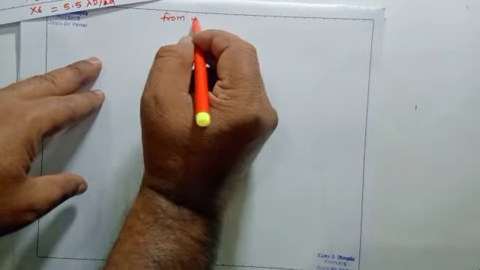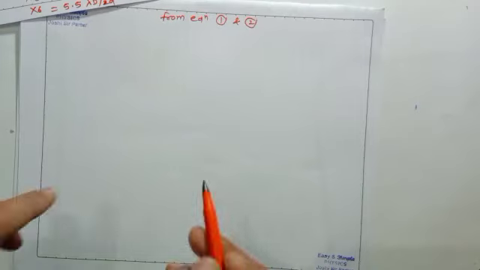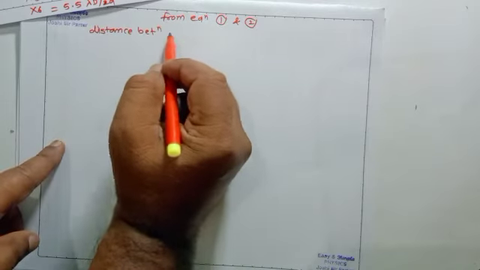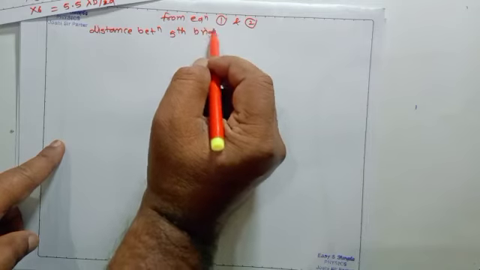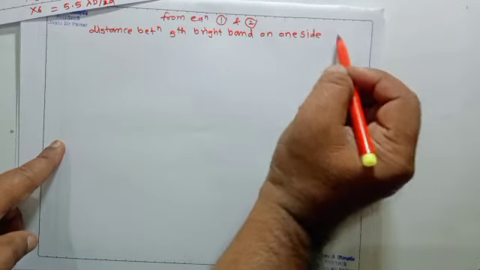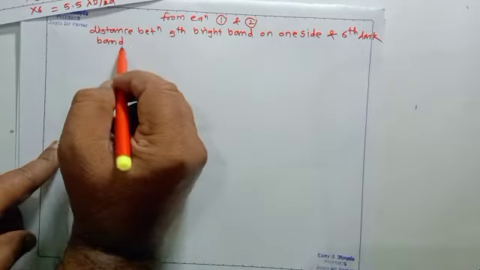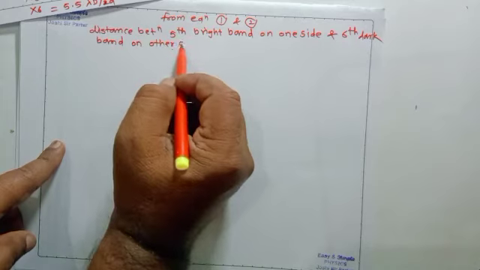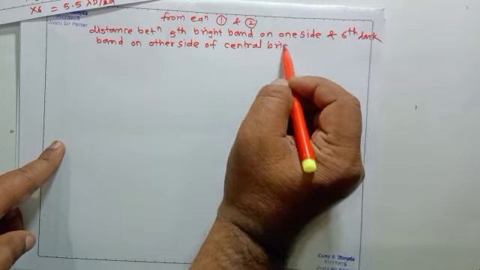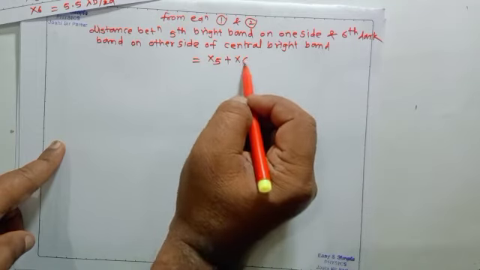From equation 1 and 2, the distance between fifth bright band on one side and sixth dark band on other side of central bright band will be x5 plus x6.